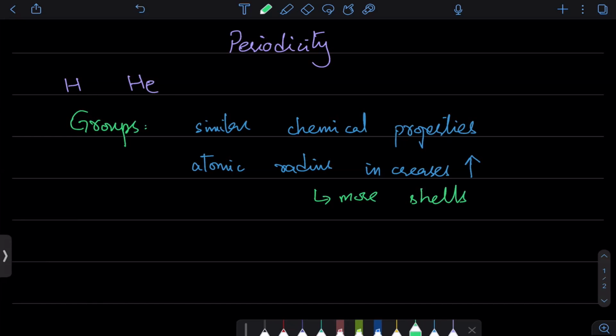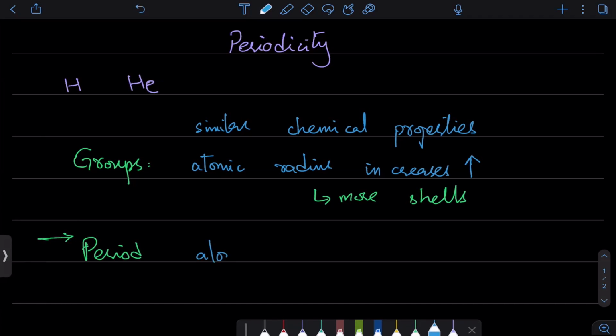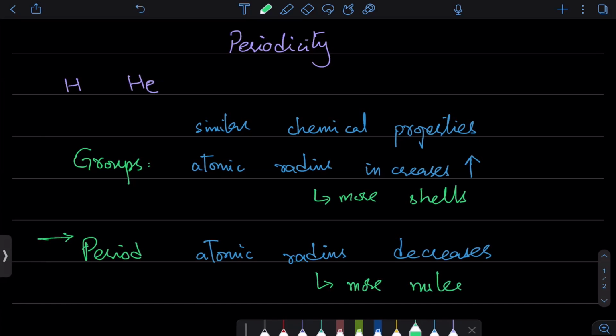So this is for the group. What about the period? Across a period, when I say across a period, I move towards the right. Across a period, atomic radius decreases. And the reason for that is simple. There is more proton number, so more nuclear charge or effective nuclear charge.